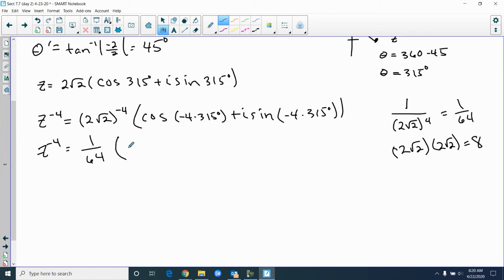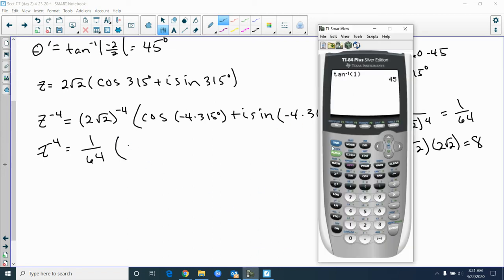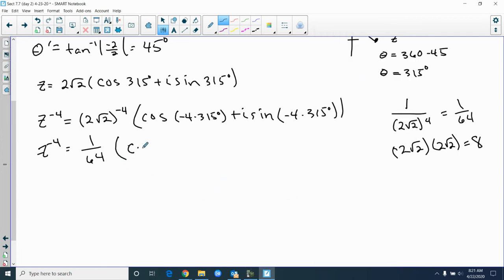And now cosine, what is negative 4 times 315? That's negative 1260. Plus i sine of negative 1260 degrees. I would suggest you convert that to a positive angle right now.